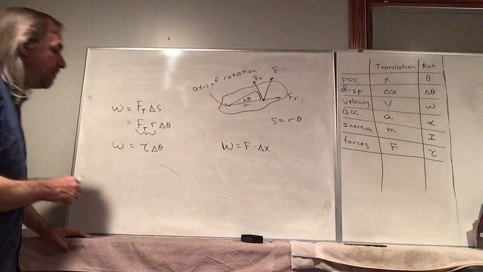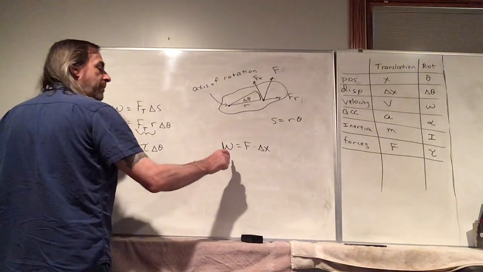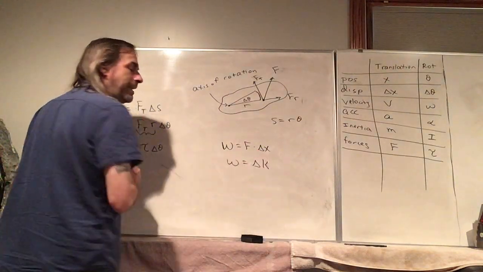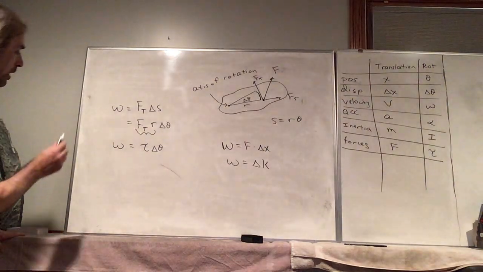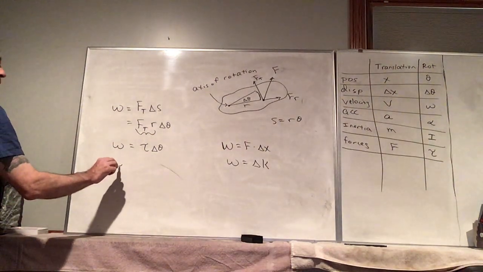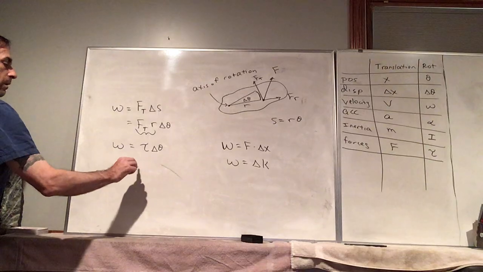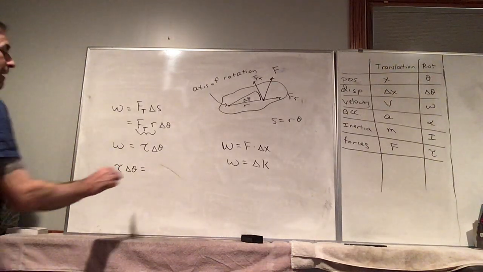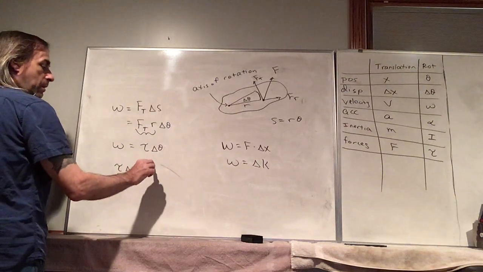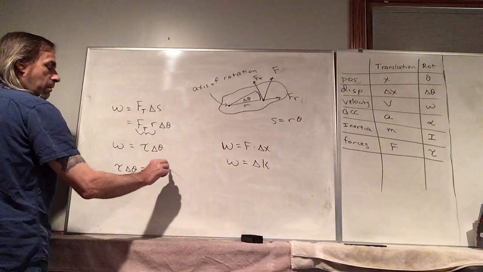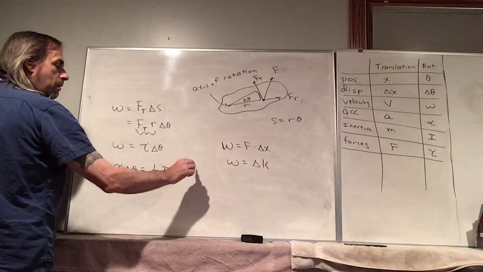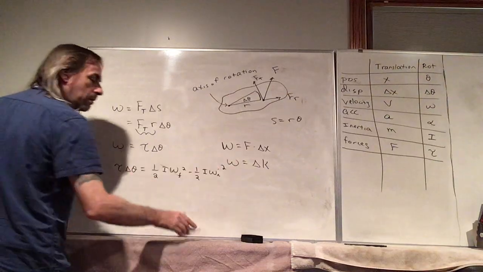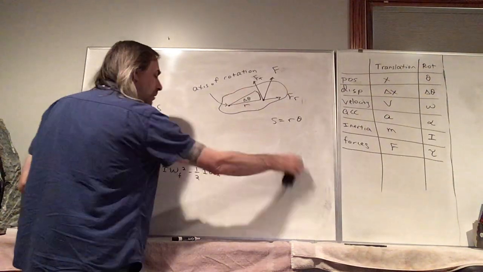Now, remember the work energy theorem, where the work is equal to the change in kinetic energy. So we can say that the torque times this angle is equal to the change in kinetic energy. Let me get rid of this.